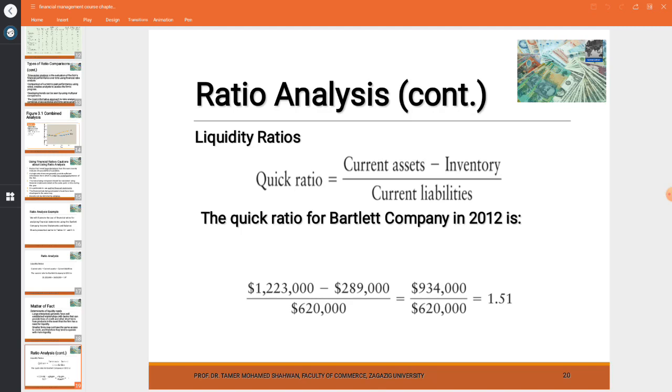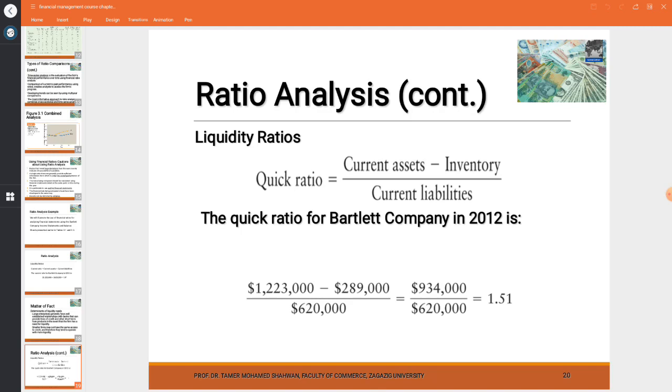So if you are interested to assess the liquidity position of a specific firm over a short term, it's better to exclude the inventory from your current assets. As you see, by excluding the inventory of the current assets, you will find that the ratio drops from 1.97 to 1.51.